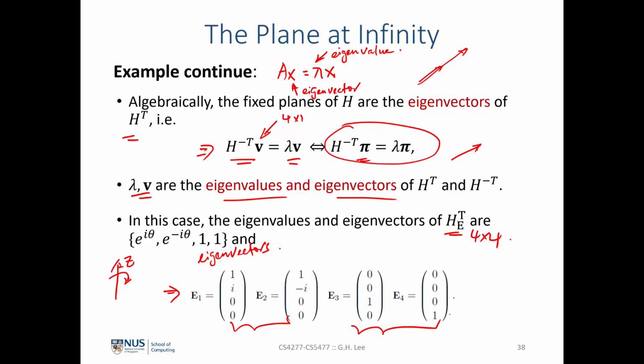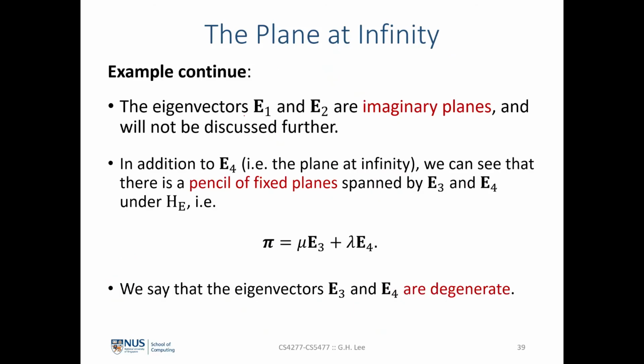So we'll ignore the imaginary planes E1 and E2 and focus on E3 given by 0, 0, 1, 0 and E4 that is given by 0, 0, 0, 1. And we can see that E4 here is actually our pi at infinity, the plane at infinity. And E3 here directly corresponds to the z-axis, which we are rotating around.